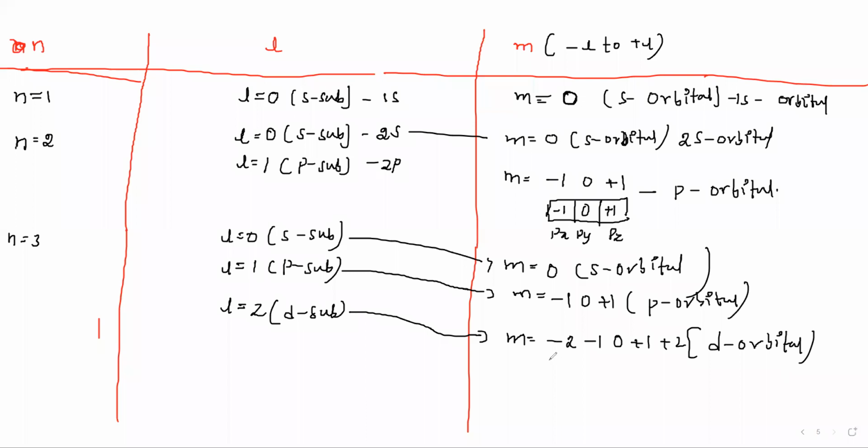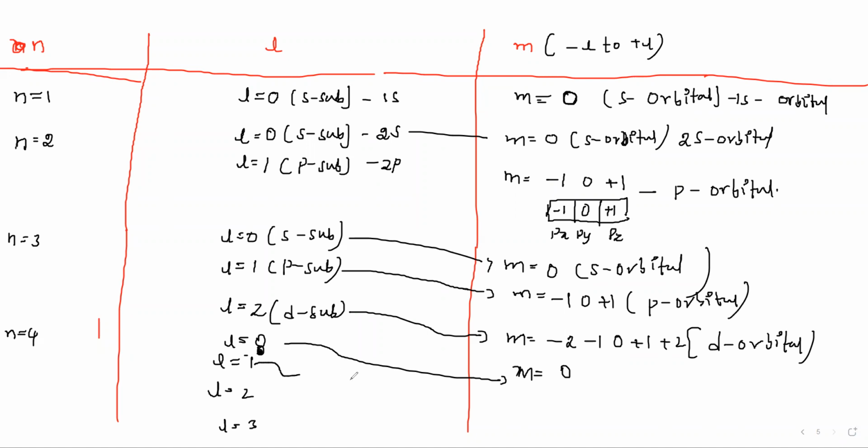And one more. Here n is equal to 4. n is equal to 4 means L is equal to 0, L is equal to 1, L is equal to 2, L is equal to 3. L is equal to 0 means the m value is also 0 only.